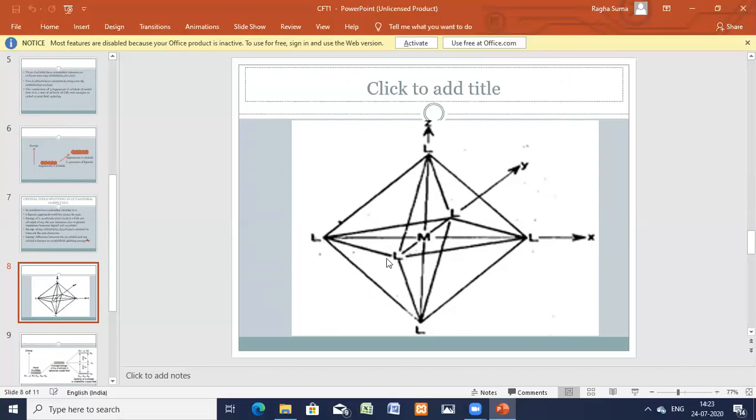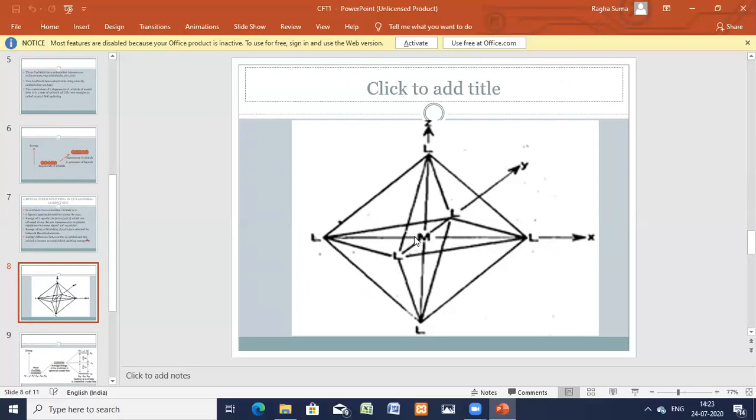So now we have seen the central metal atom, six ligands, and this metal atom is having d orbitals in two sets, T2G and EG set. Now how the splitting is going on, we'll see. Before bonding takes place, there is crystal field splitting in the metal d orbitals.